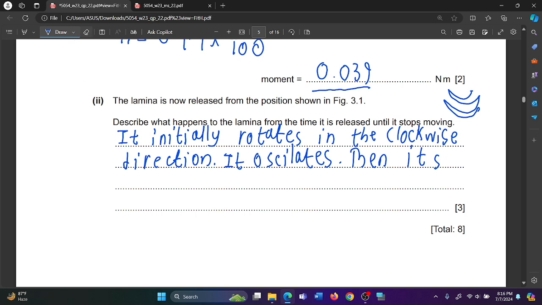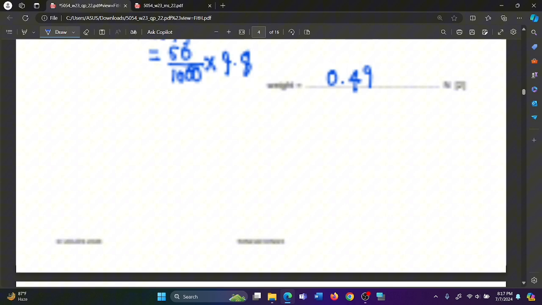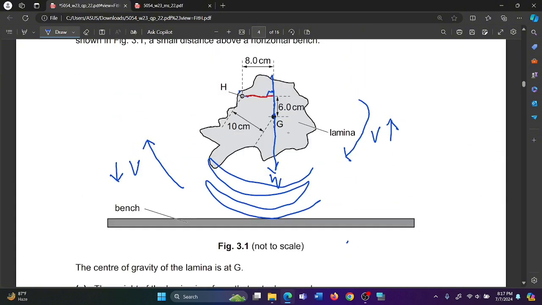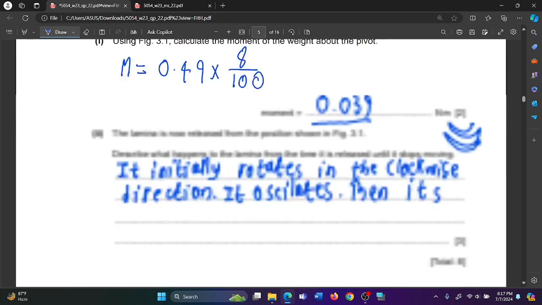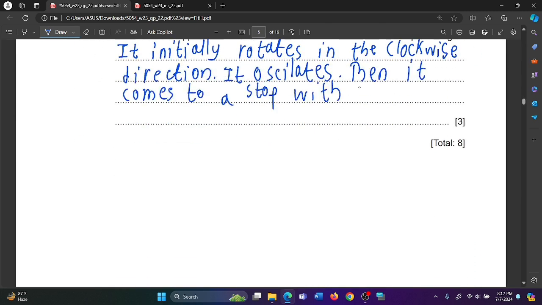It comes to a stop with its center of mass. Yes, center of mass was indicated by G. Like here, the center of mass was indicated by G. Thus, we can write G instead of center of mass because G means center of mass.